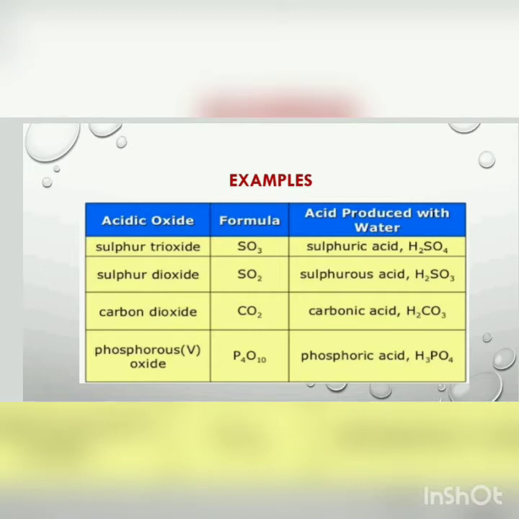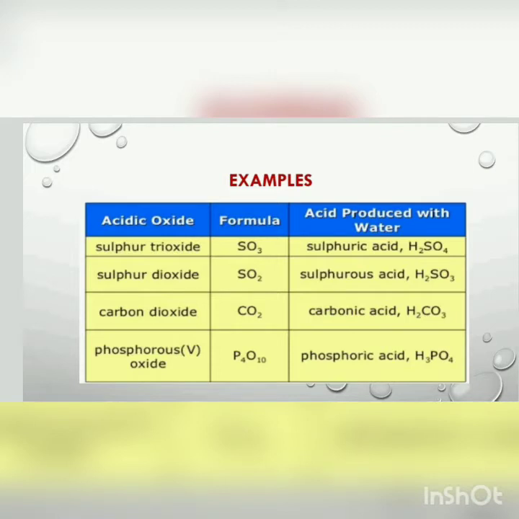When the group number increases, the strength of the acid increases, right? For example, the fourth group element carbon gives carbon dioxide, and the acid is carbonic acid. And the sixth group element is sulfur. The sulfur oxide is sulfur trioxide, right? The acid is sulfuric acid.